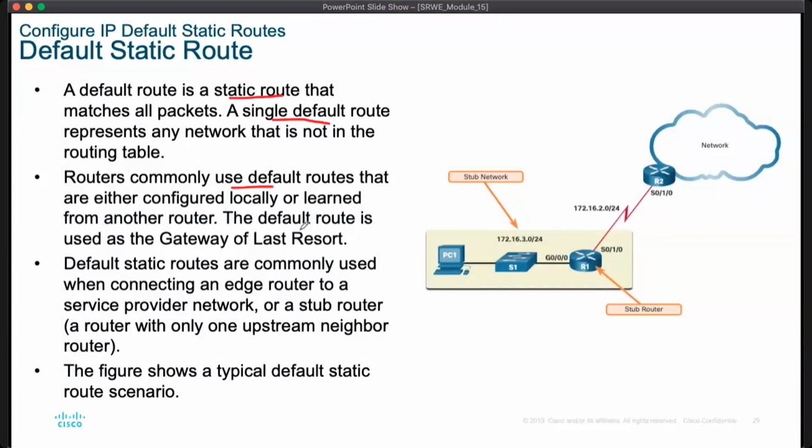The default route is used as the gateway of last resort. Default static routes are commonly used when connecting an edge router to a service provider network, or a stub router, a router with only one upstream neighbor router. The figure shows a typical default static route scenario.